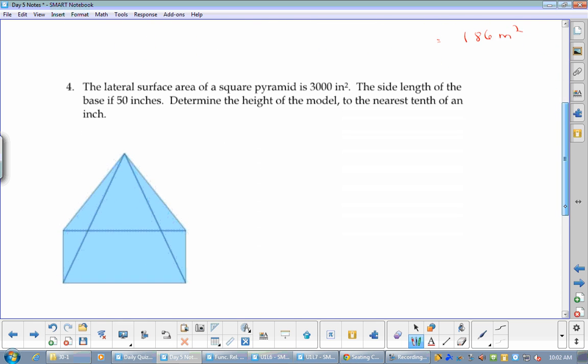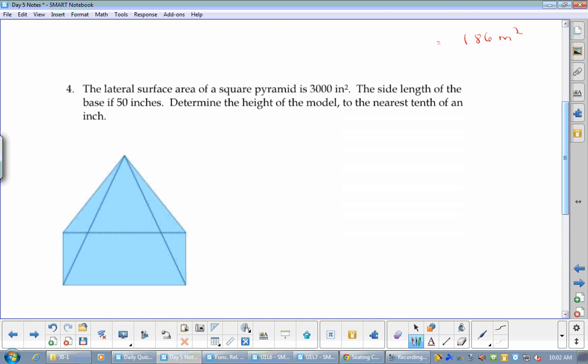Okay. The lateral surface area of the square pyramid is 3,000 inches squared. The side length of the base is 50 inches. So this is 50 inches here.